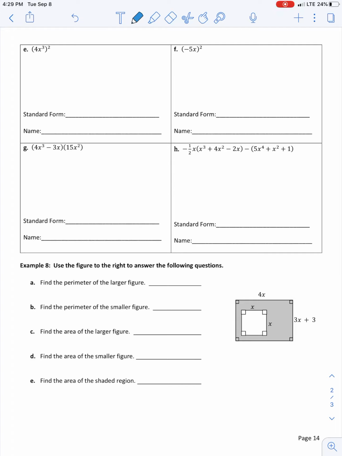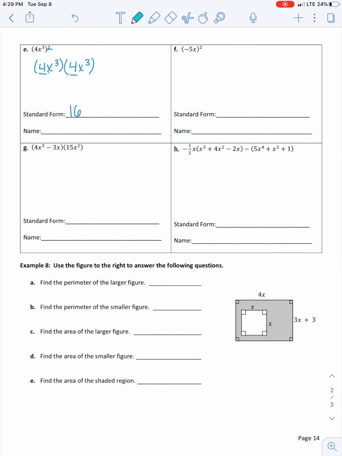With example E, this 2 here shows that we're multiplying 4x to the third 2 times. So we're taking it and multiplying it by itself. Really we're taking the 4 times the 4, which gives us 16.